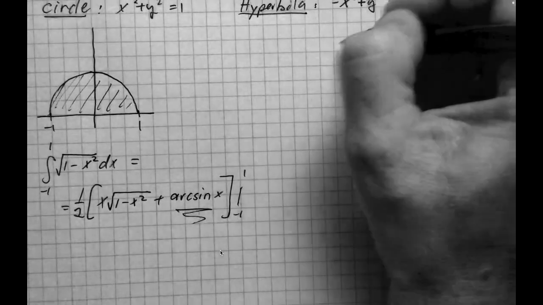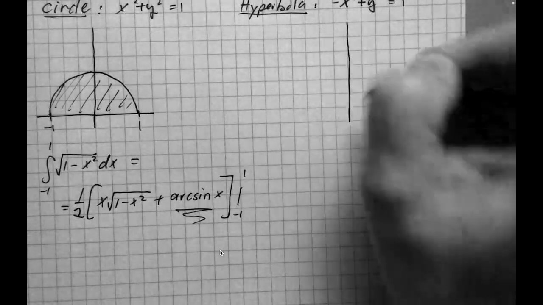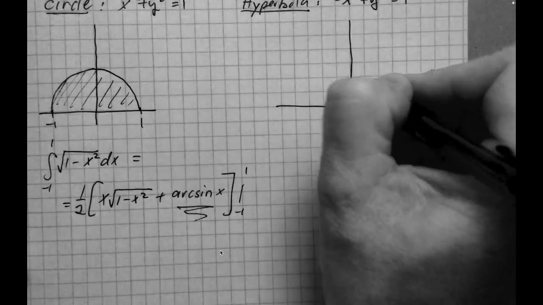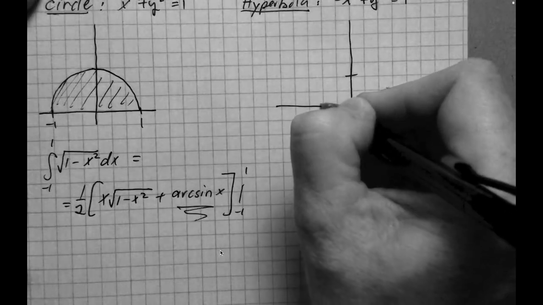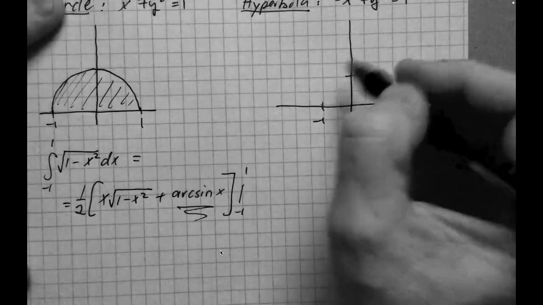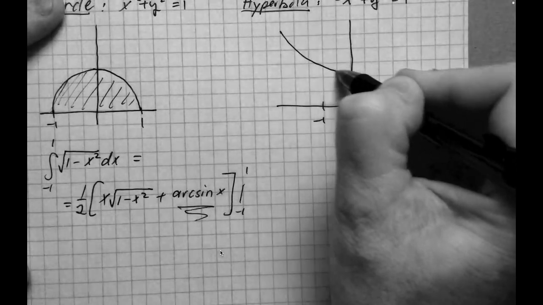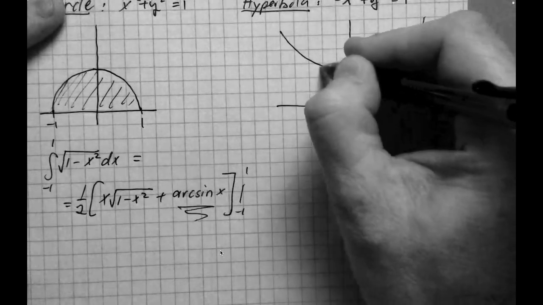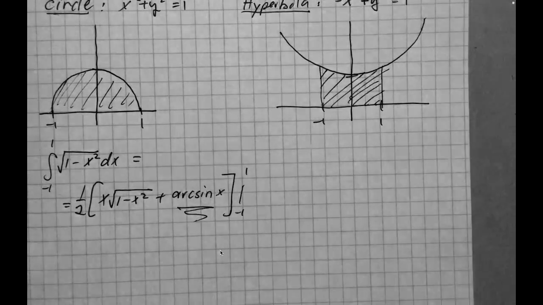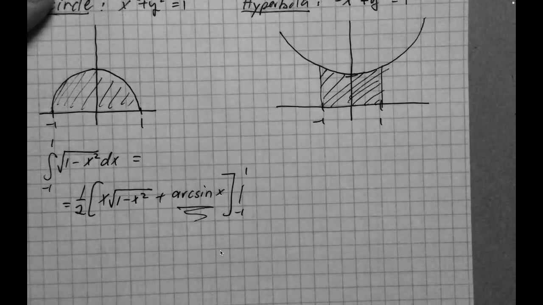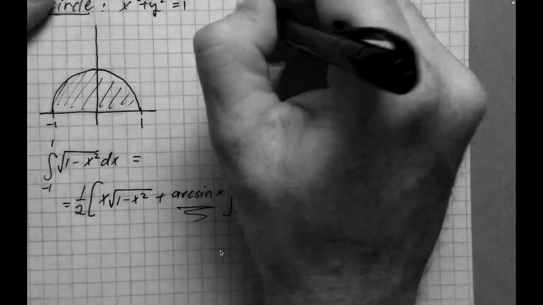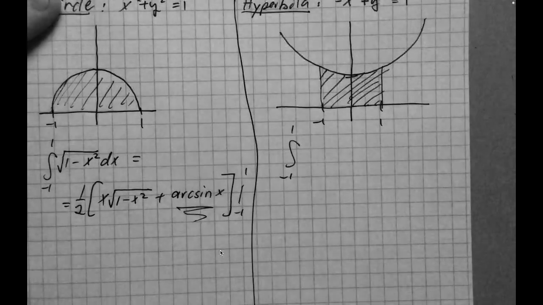Now, similarly, over here in the hyperbola world, if I have negative 1, 1, and that's a 1 there, my hyperbola kind of comes down and touches down here like this. So if I were to integrate the area underneath that, then that integral would be negative 1 to 1. Let me put a line here so I don't confuse anybody.